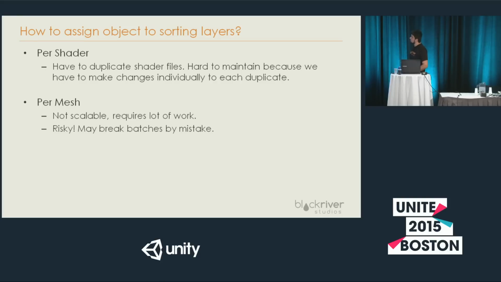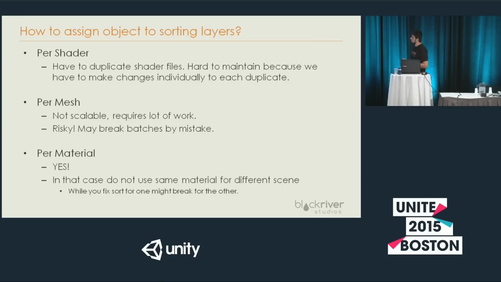Per mesh is also not a good option, because that's not scalable. It requires a lot of work, and because you change the layers, you break the batching, right? Because there are a lot of meshes, you might be breaking batches by mistake. So per material, I'd say yes, per material is controllable.